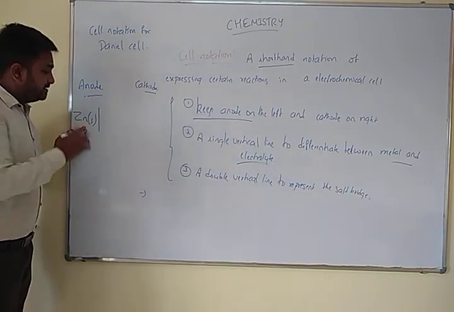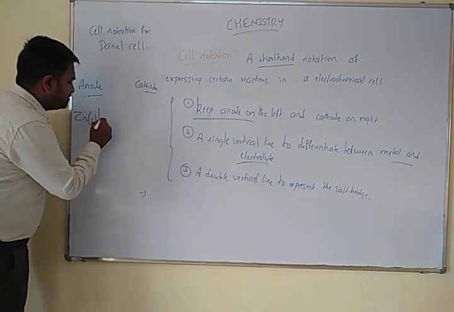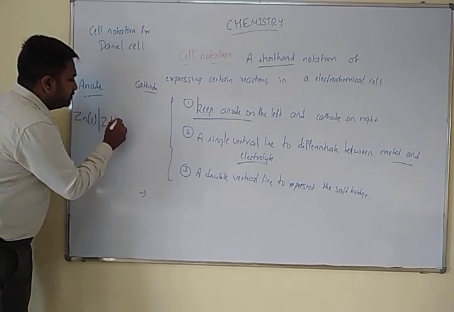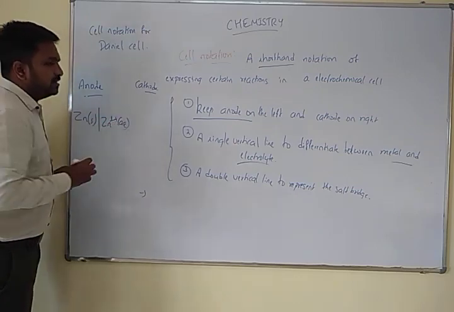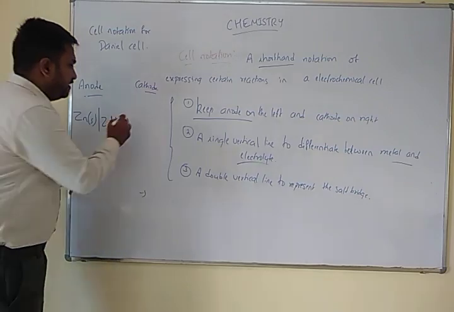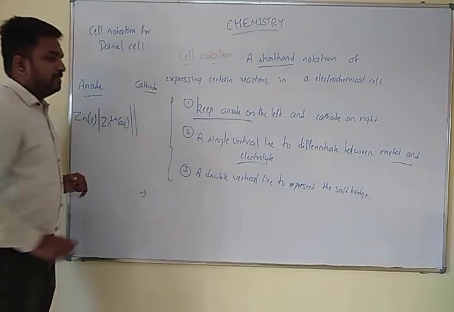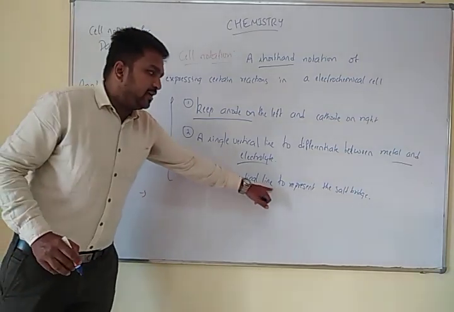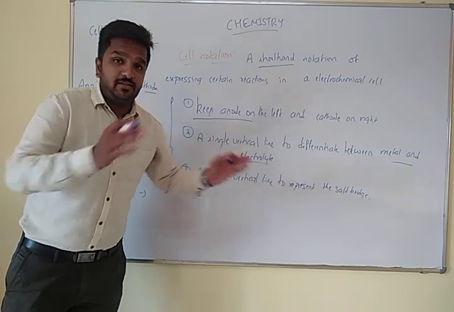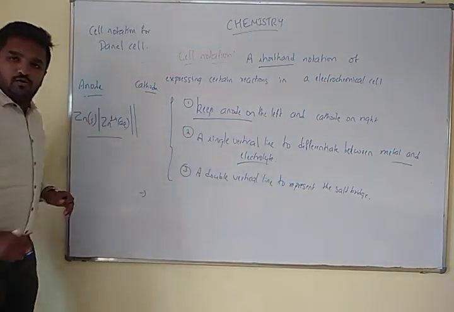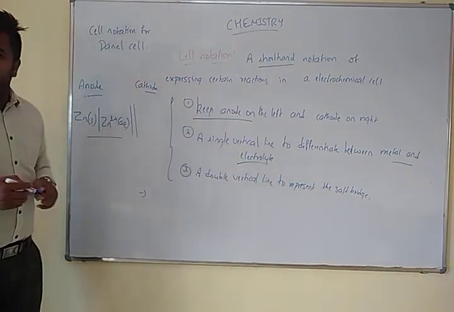Later on zinc has lost 2 electrons to form Zn2+ ion. And a double vertical line to represent the solvent. This is anode. Zinc has lost 2 electrons.